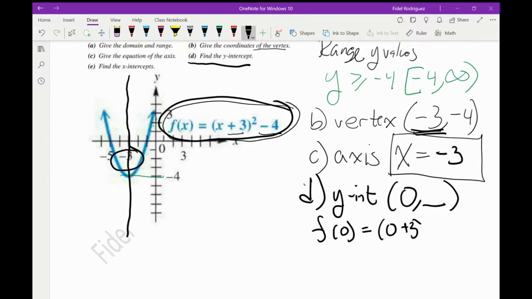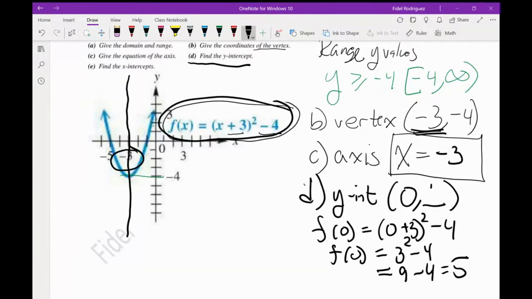So 0 plus 3 squared minus 4. Okay, so 0 plus 3 is still 3 squared minus 4. 3 squared is 9. 9 minus 4 is 5. So there's my coordinates of my y-intercept.